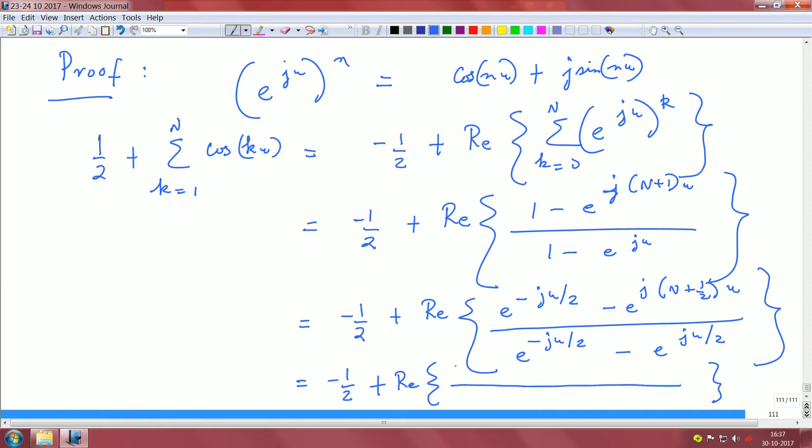Now e power minus j theta is cos u upon 2 minus j sin u upon 2, that minus and minus will cancel, it is going to be a plus.